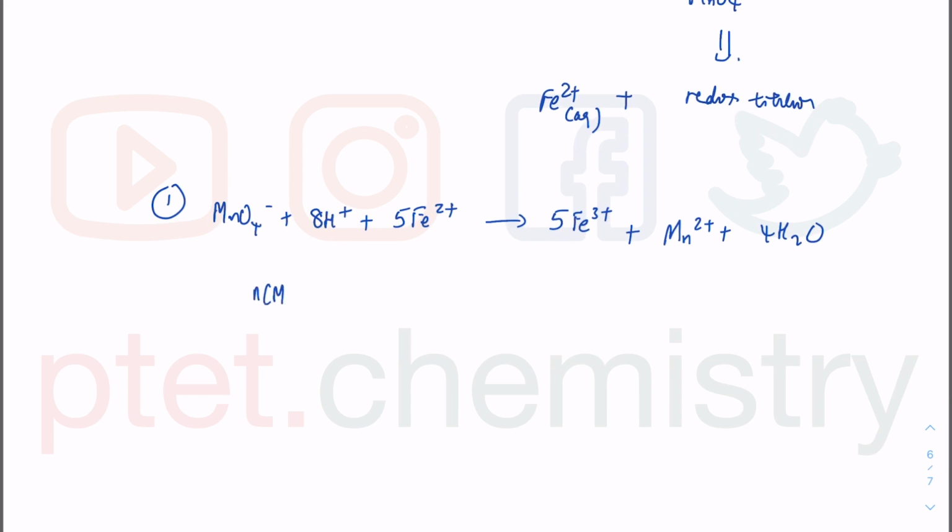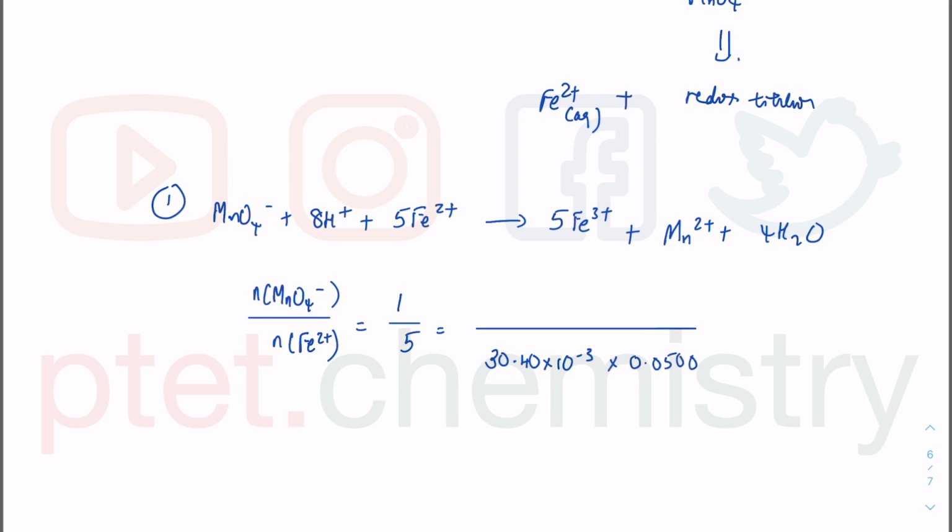I want the mole of MnO4 minus to the mole of iron 2 plus, which is 1 to 5 from the balanced equation. At the bottom, I have the volume of the iron 2 plus, which is 30.40 cm cube. I convert to dm cube by multiplying by 10 to the minus 3, because n equals CV, the concentration is in mole per dm cube, so your volume of solution must be in dm cube.